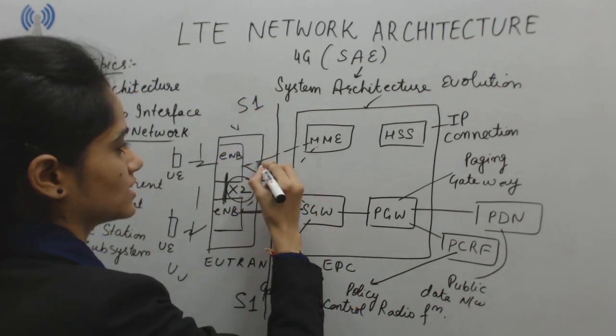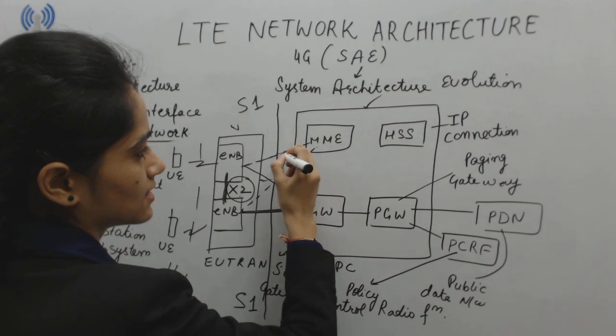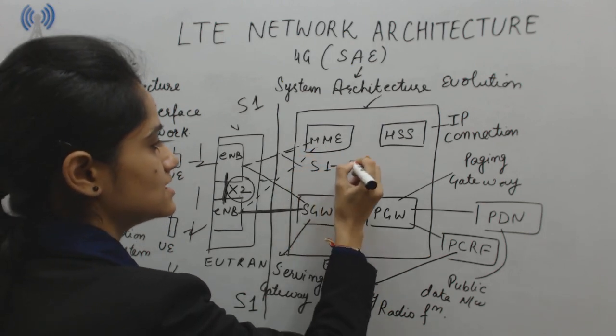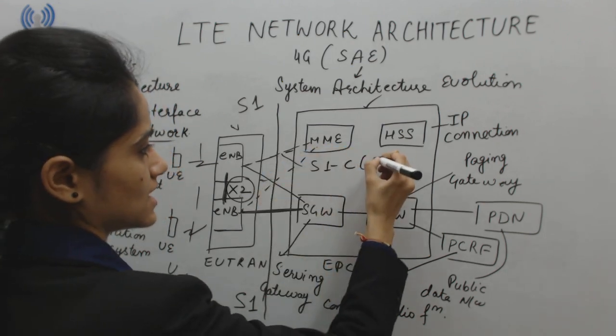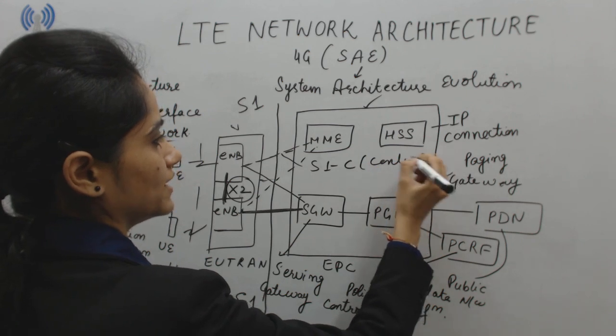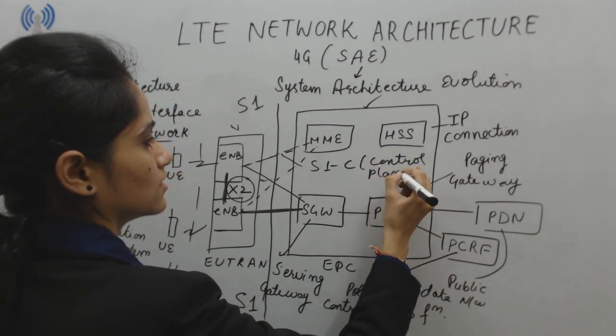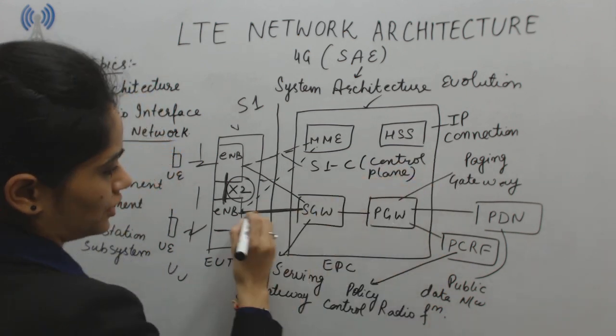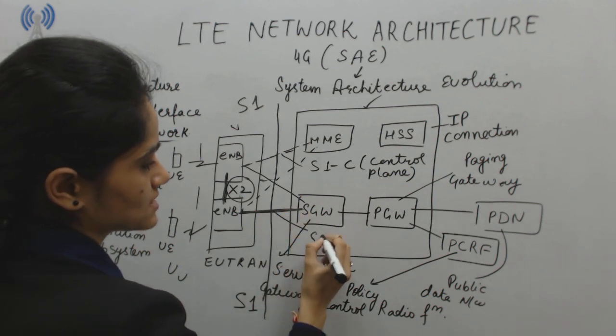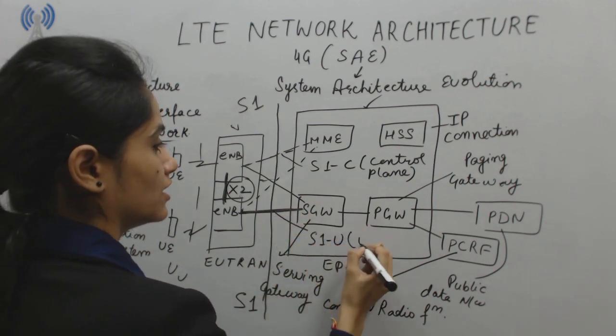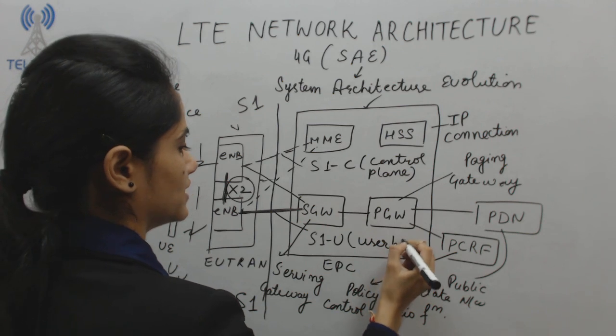For signaling we have S1-C, where C stands for control plane, and for data we have S1-U, where U stands for user plane.